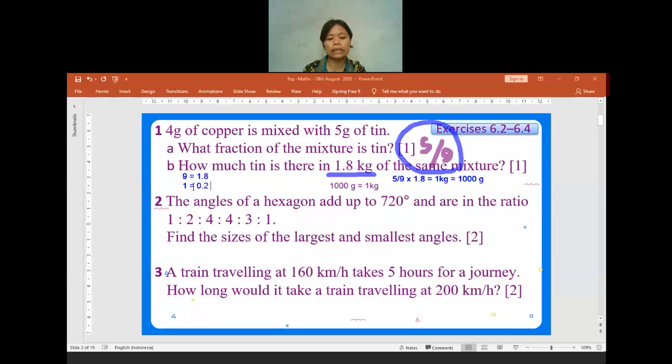The unit is in kg because 1.8 is in kg. Now we are going to find the tin. The ratio is 5, so 5 will be equal to 0.2 multiplied by 5, which is equal to 1 kg. You can change the 1 kg into gram or you can keep it in kg. It's okay because the question did not say that you have to keep it in kilograms or grams, so it will be up to you. You can keep it in whatever you need.